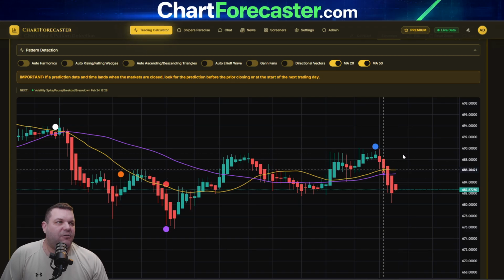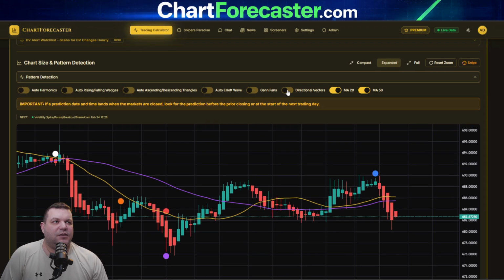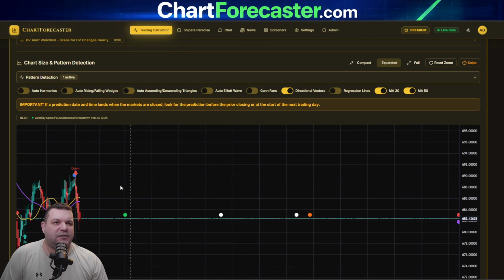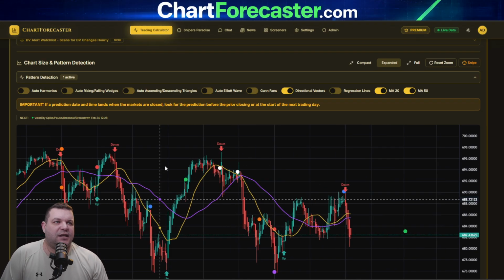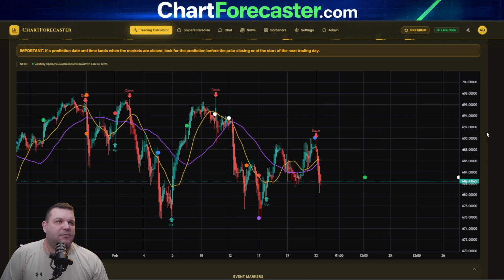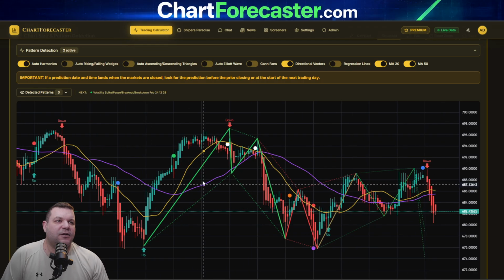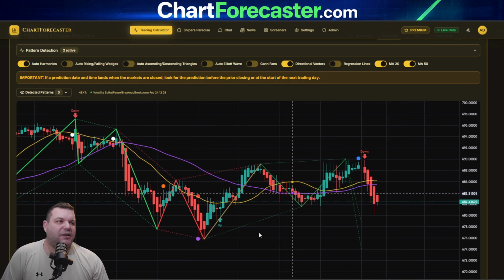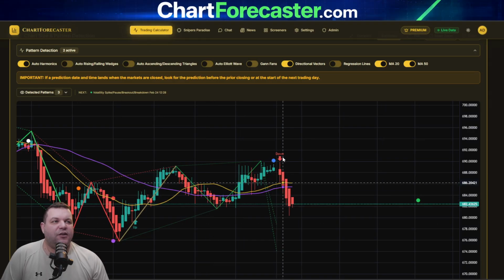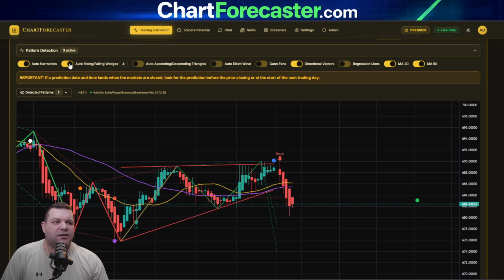But if all that wasn't enough, we do have something called directional vectors. And so what this does is it goes ahead and it's constantly monitoring previous candlestick data. And so what's nice about this is it will then give you a signal of which way the markets are going to possibly go.